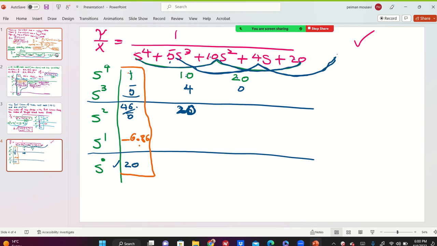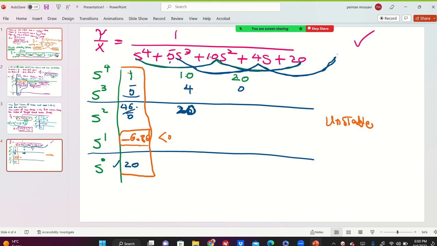Is your system still unstable? Unstable. Why is it unstable? Well, one of them is negative. How many right-hand poles do we have? Yes, sign change from this to this.